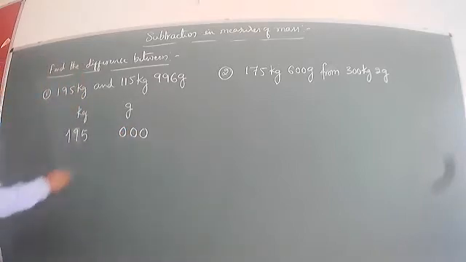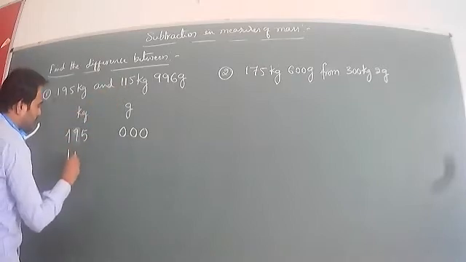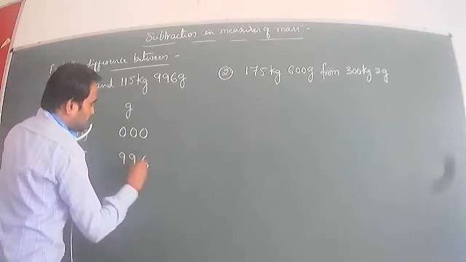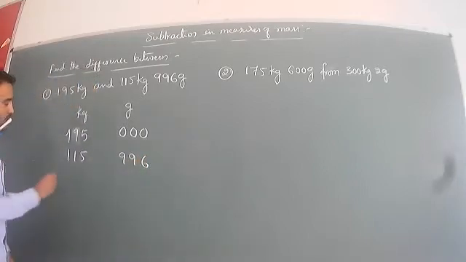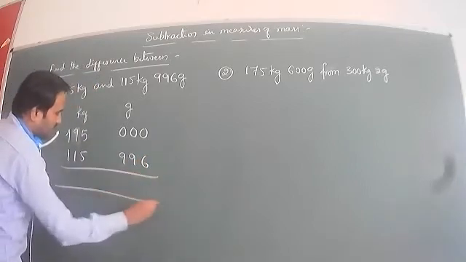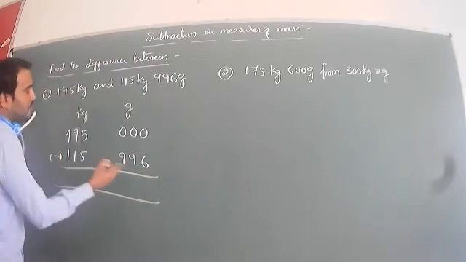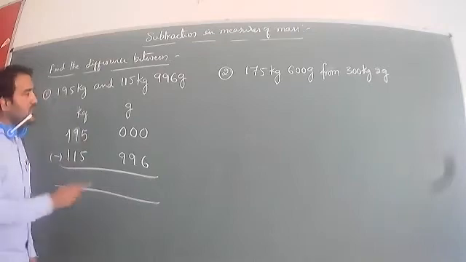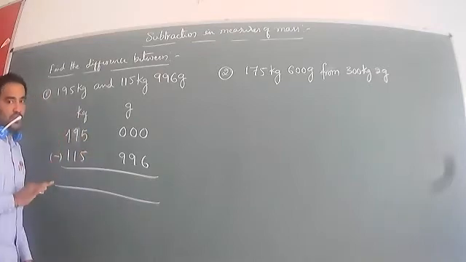Then the smaller number is 115 kg 996 gram. We cannot compare the gram, because we only compare the bigger unit.